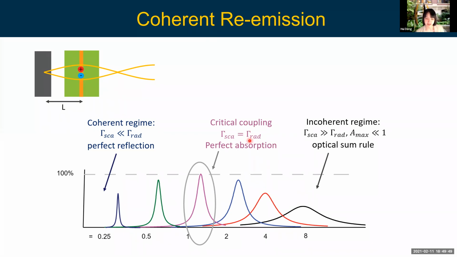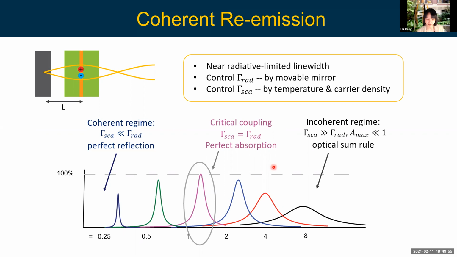The radiative decay rate is basically the measure of the strength of the exciton and photon coupling. And we could see if we can get there by changing this condition, which we can change by changing either the dissipation or the coupling.